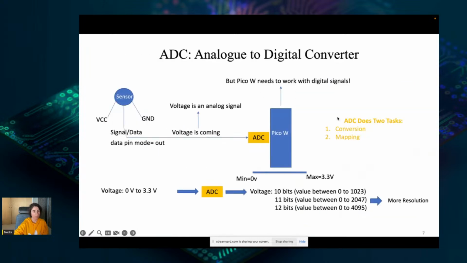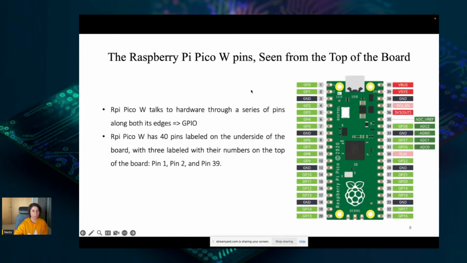Okay, the Raspberry Pi Pico pins seen from the top of the board. As you can see here, a Raspberry Pi Pico talks to hardware through a series of pins along both its edges. Yes, here GP0 to 1, 2, 3 up to GP28.